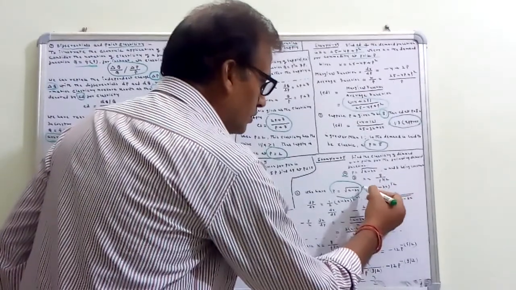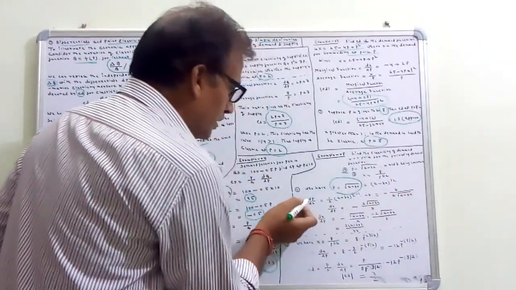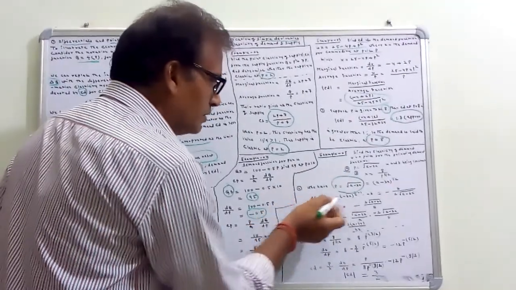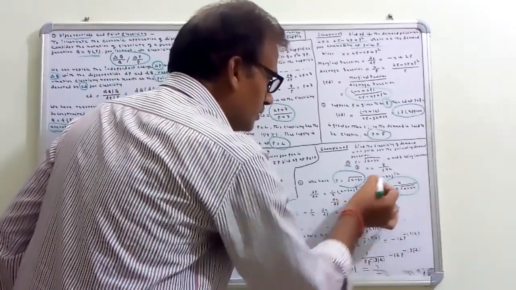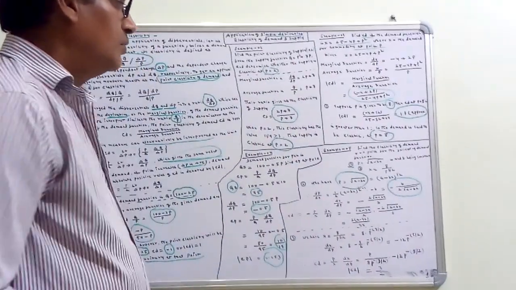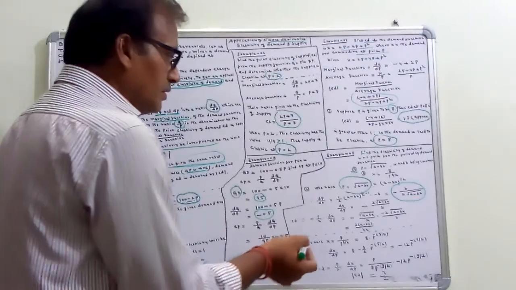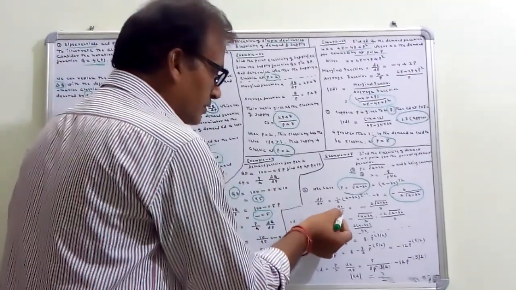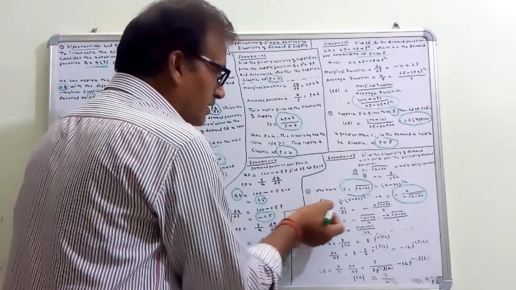After solving, removing root, power half, and differentiation of P with respect to x is minus B by 2 root under A minus Bx. So dp by dx is this one.